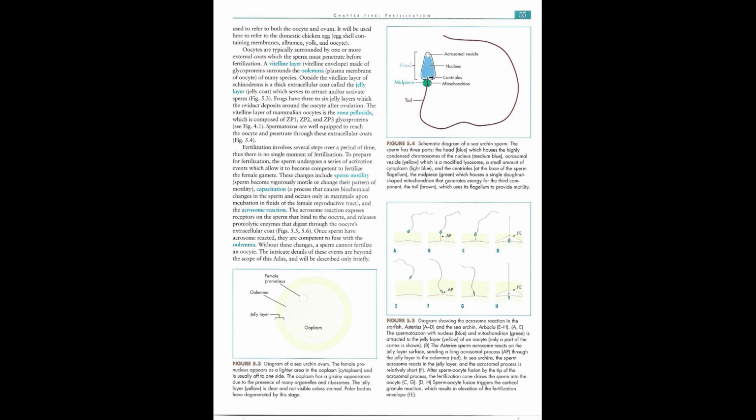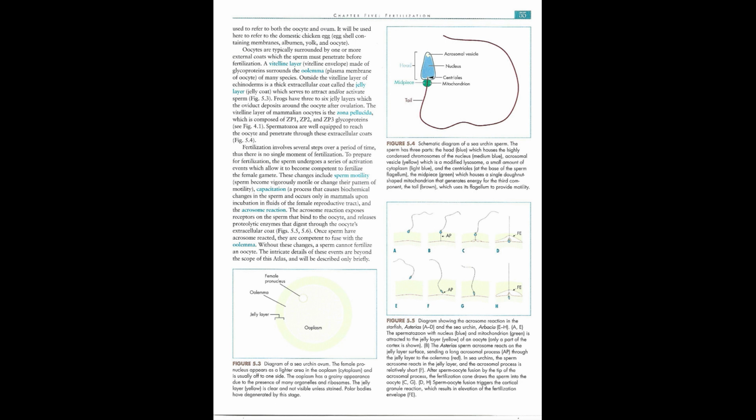A vitellin layer, or vitellin envelope, made of glycoproteins, surrounds the oolemma, the plasma membrane of the oocyte, of many species. Outside the vitellin layer of echinoderms is a thick extracellular coat called the jelly layer, or jelly coat, which serves to attract and/or activate sperm, Fig 5.3.